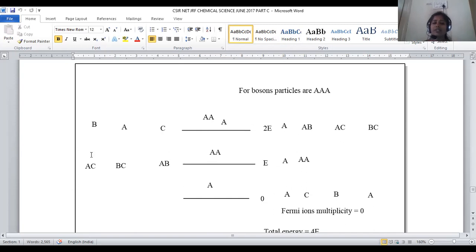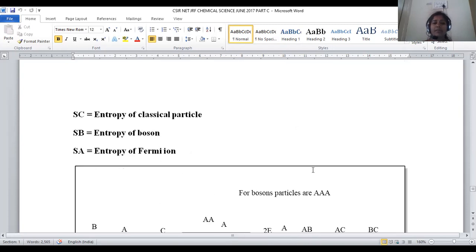Another possibility: if A, C particles are occupying the E energy level, then B energy will be 2E. If B, C are occupying the E level, then A will become 2E. If A, B are occupying the E level, then C becomes 2E. So in this way, 6 possibilities are provided for bosons.